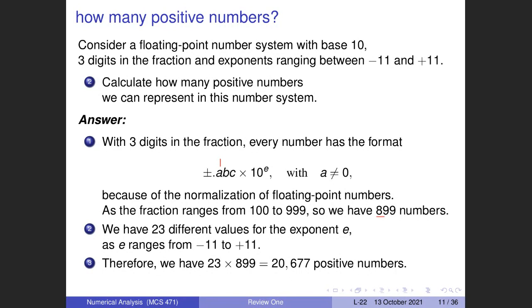For the B and the C we have more numbers. Our fraction ranges from 0 to 9 for the B and the C. So you can see how many numbers you can make. You could also reason differently: you subtract all the unnormalized numbers.